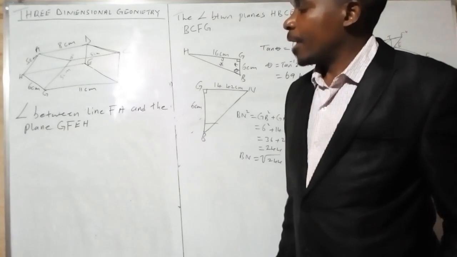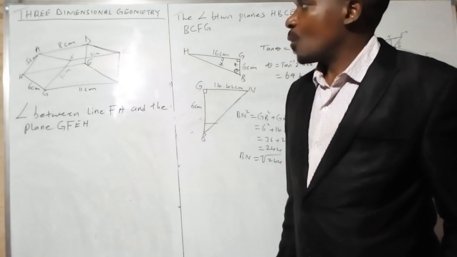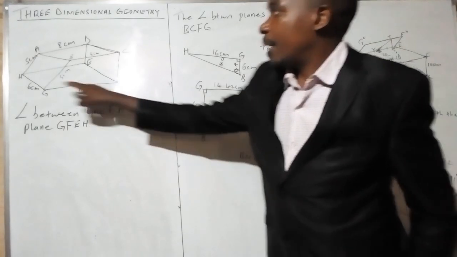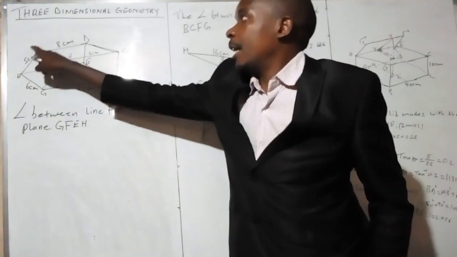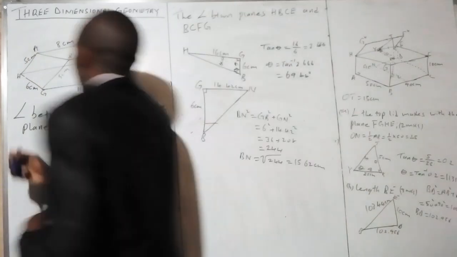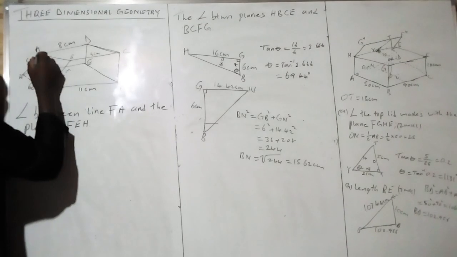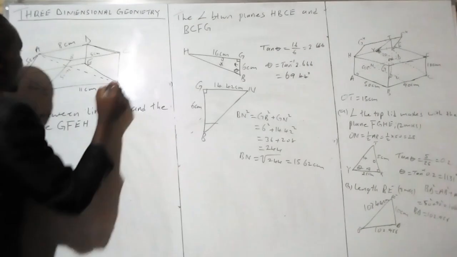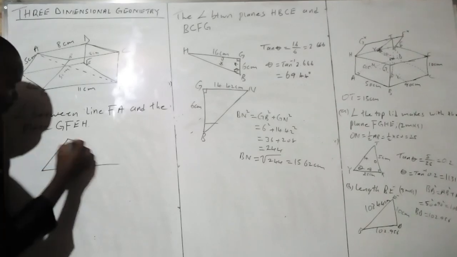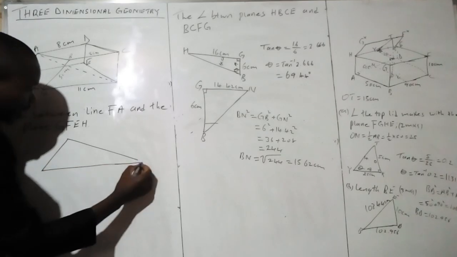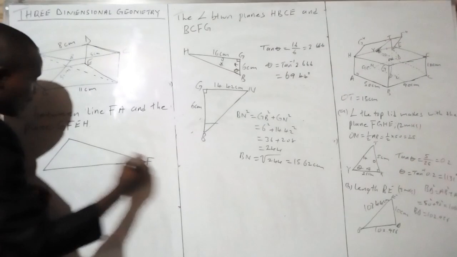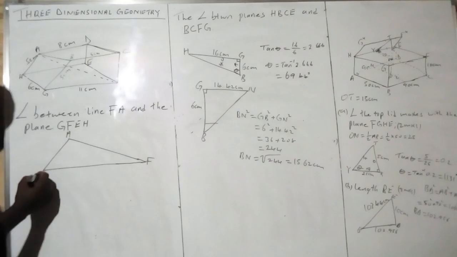The shadow will fall on line HA, and you can extrapolate it like this. We extrapolate this how it will look like. F, we have A there, then this is H, like that.